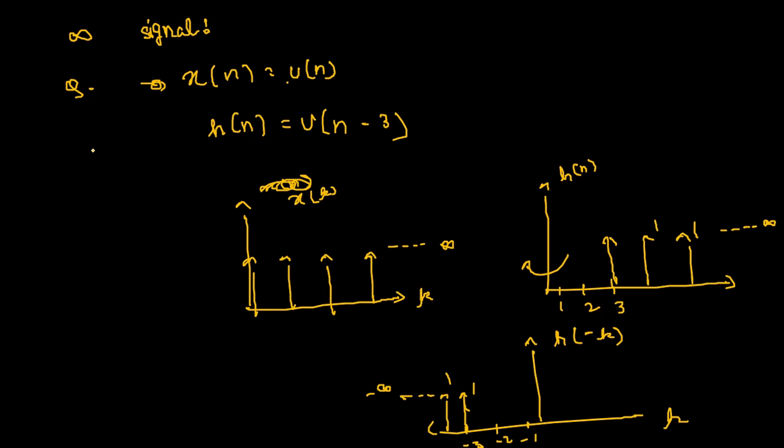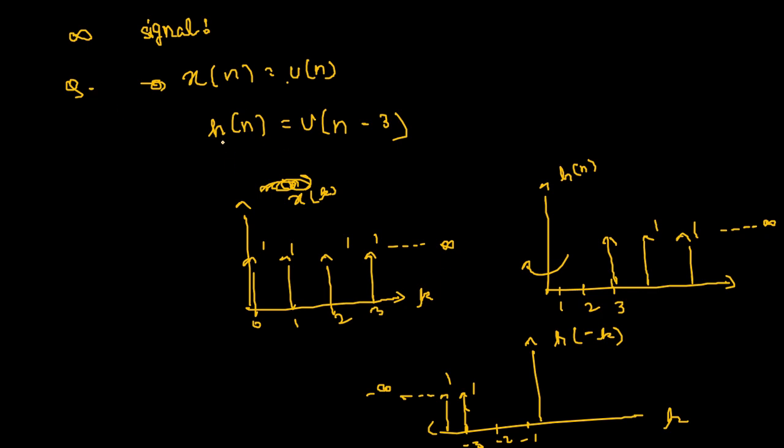Okay, wait. I heard that this question was not clear. So see here, since the limits are not defined, we have to approach it a little differently. All right. So see, our input function is the unit step function. So from 0, all the 0, 1, 2, 3, all the way till infinity, the value at each point will be 1, right?